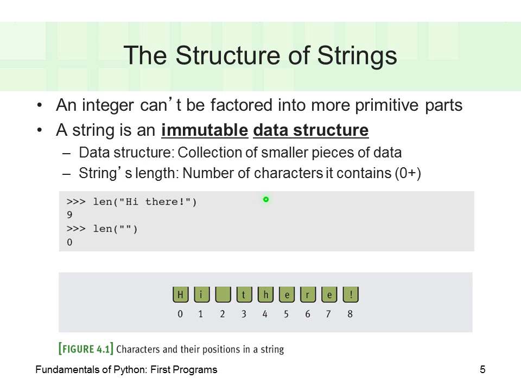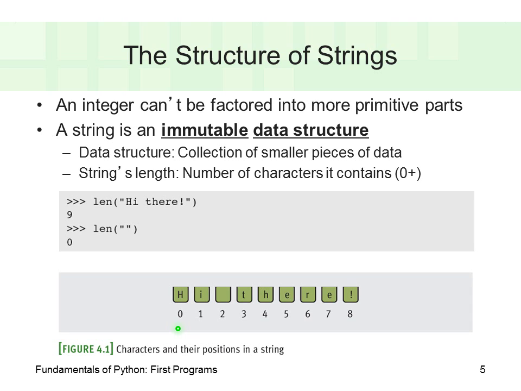Here's a diagram that illustrates how the letters in a string are laid out. We always have as the first position in the string 0. Now, you may be used to thinking that we should start at 1, but in many of these structures in computer science, we start the counting at 0 instead.